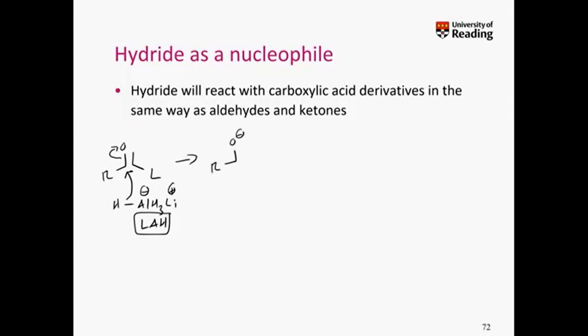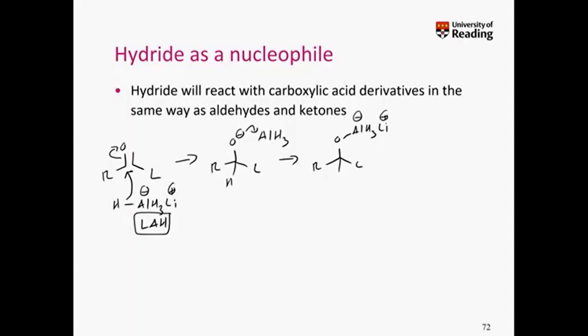What that would give us is this O minus. We've got our leaving group, we've got our hydrogen. If you remember from the previous examples with the aldehydes and ketones, this oxygen can then complex. So we then end up with O, Al, H3, Li. This has a plus, this has a minus.